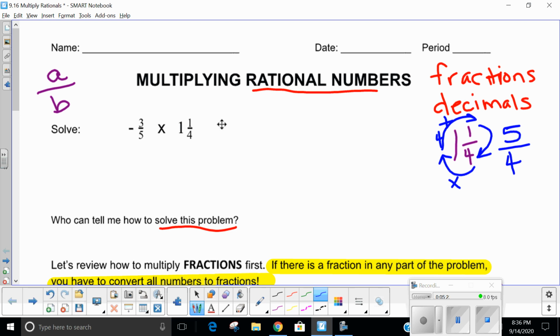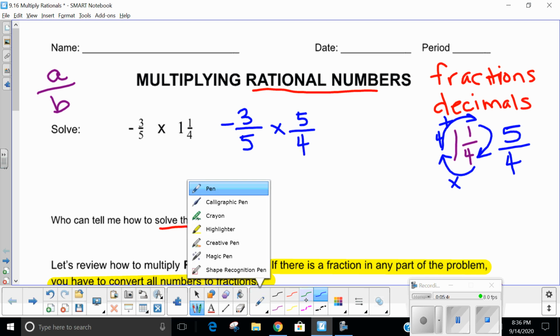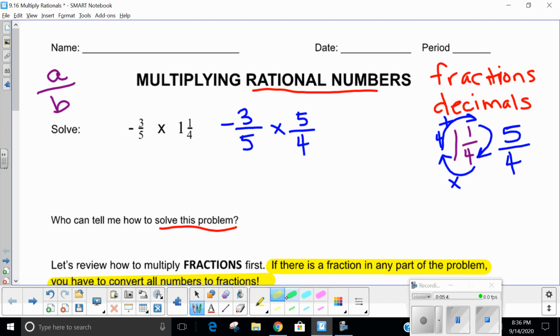So now what I'm going to do is rewrite the problem. And we're going to say negative 3/5 times, and now I'm going to use my new traditional fraction, 5 over 4. Then all I have to do is multiply across the top to get my new numerator and across the bottom to get my new denominator.